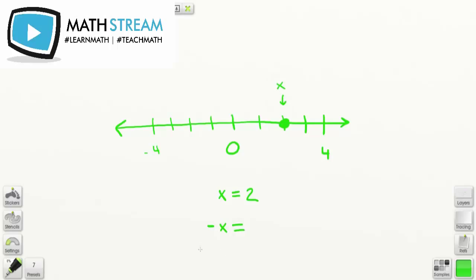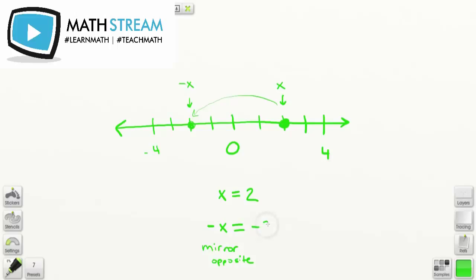Well, negative x really means what is the mirror image, or what is the opposite of x? Well, what is the mirror of 2? Well, if I mirror 2 and I look over here on the other side of 0, it is negative 2. So if positive x is 2, then negative x is negative 2.